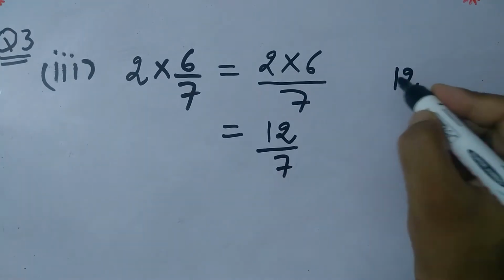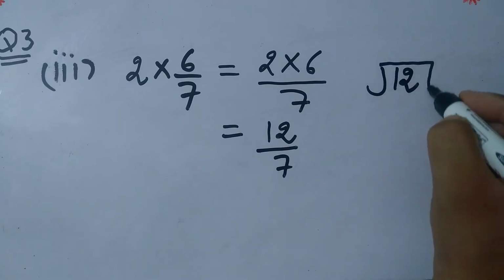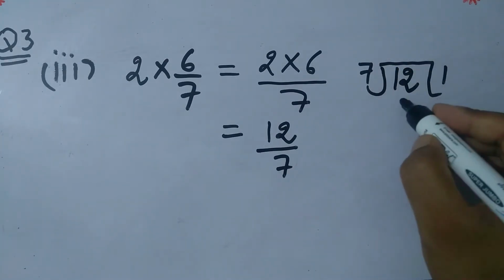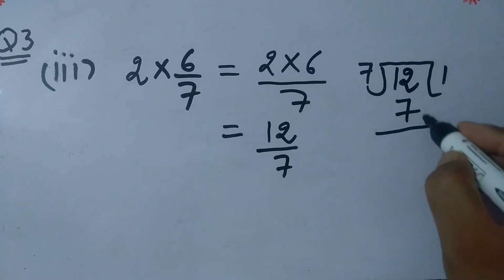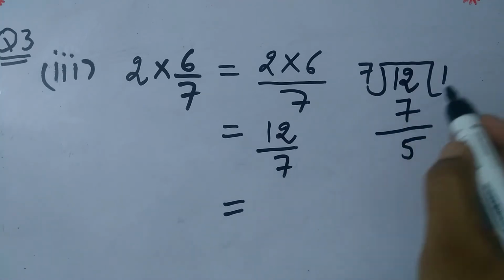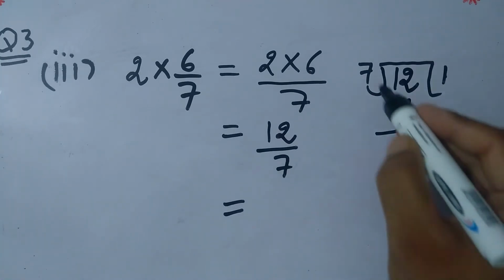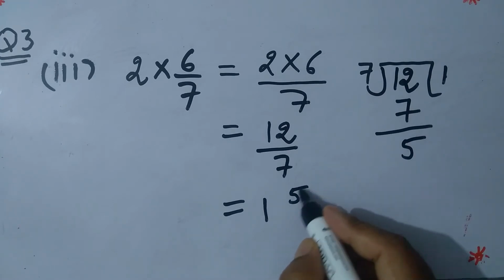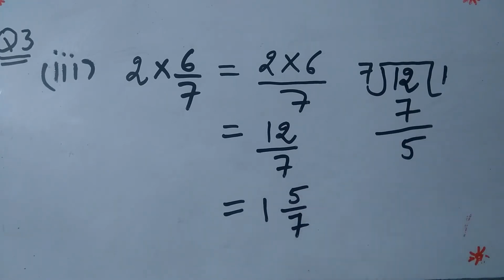We have to divide 12 by 7. 7 ones are 7, the remainder is 5. So we write this as 1 and 5 upon 7.